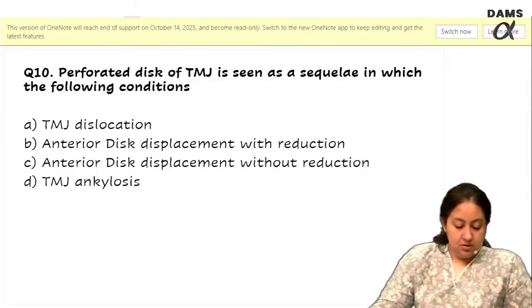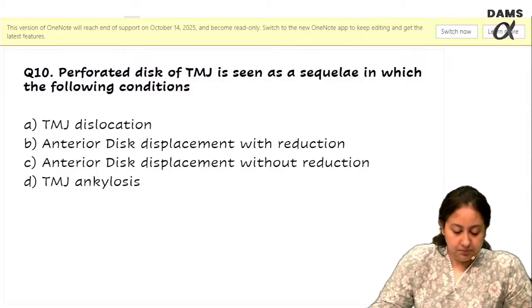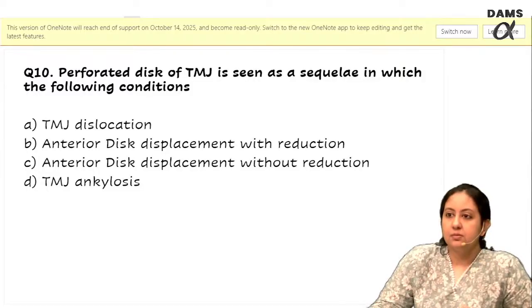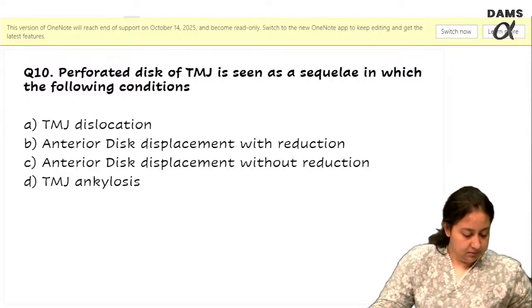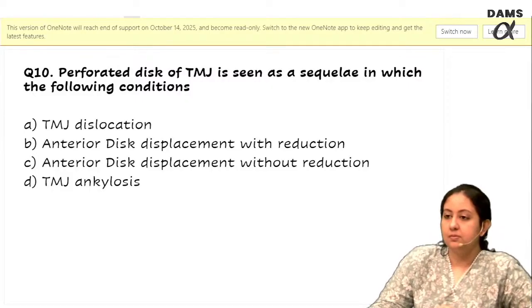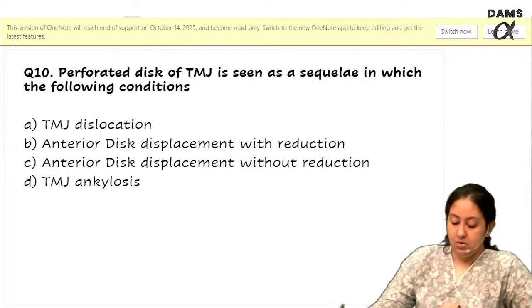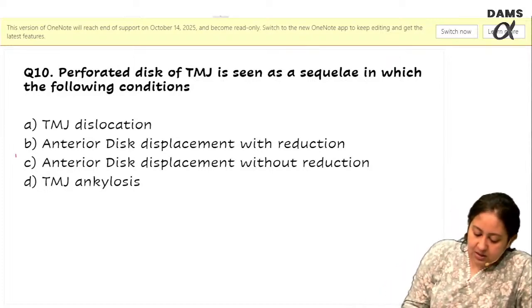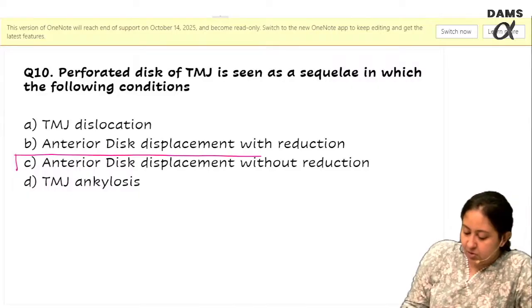Any answers here? More answers? Okay, so I'll just explain this question. I'll tell you the correct answer. This is anterior disc displacement without reduction.